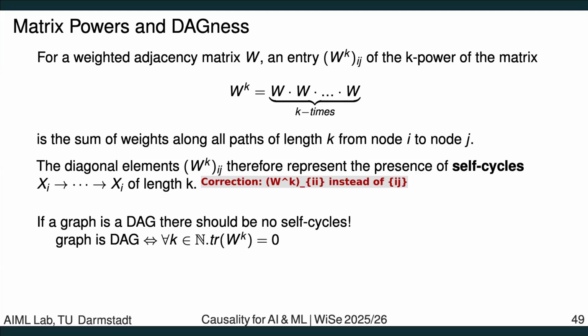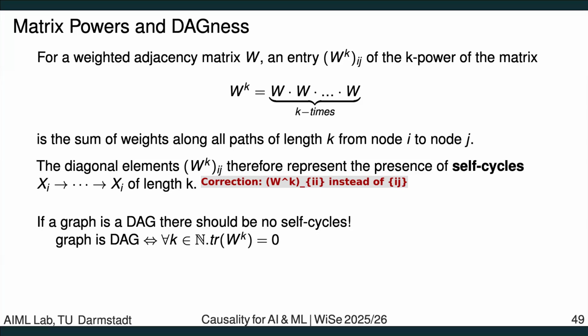Just a small disclaimer, we will fix this in a bit. The trace sums up all the diagonal elements. If we have negative values, then things might cancel out, but I said here we can just square all the weights, because we are not so much interested in the exact weight, but just whether it's 0.